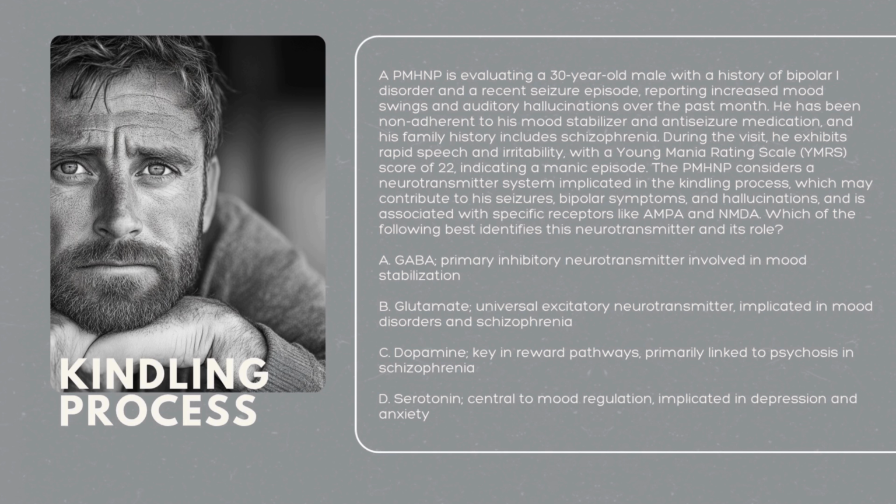The options are A, GABA, primary inhibitory neurotransmitter involved in mood stabilization; B, glutamate, universal excitatory neurotransmitter implicated in mood disorders and schizophrenia; C, dopamine, key in reward pathways primarily linked to psychosis in schizophrenia; or D, serotonin, central to mood regulation implicated in depression and anxiety.